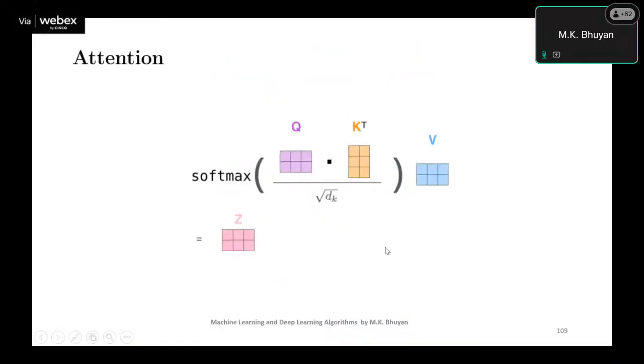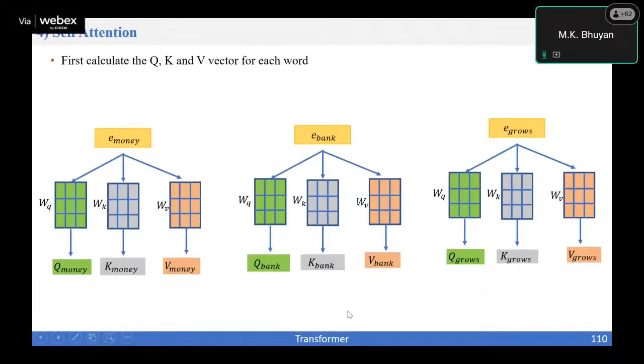After this, you can see I am considering the dot product between Q and K, which is divided by root over dk, and it is multiplied by V, the value. After this, we take the softmax, and I'm getting the Z value. So this process is how to determine the embedding, and that is the self attention.